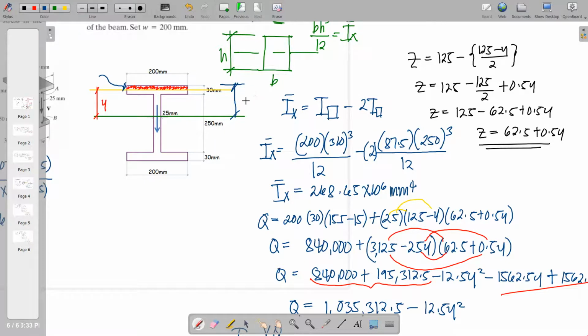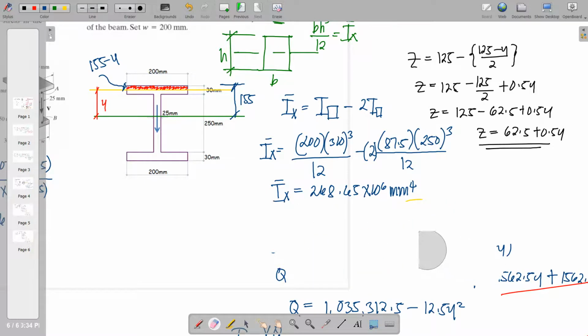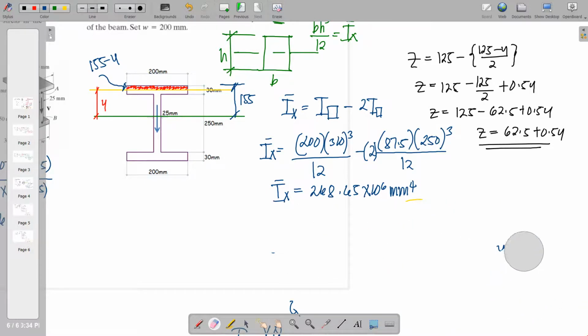Just divided by 2, we have 155 millimeters. So that this remaining dimension is 155 minus y. And then therefore, you can just revise our Q here.